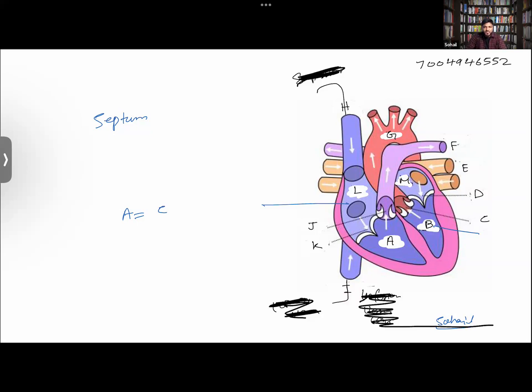Also, do tell me, where are the ventricles present? The lower chamber. Okay. What about arterioles? Where are they found?